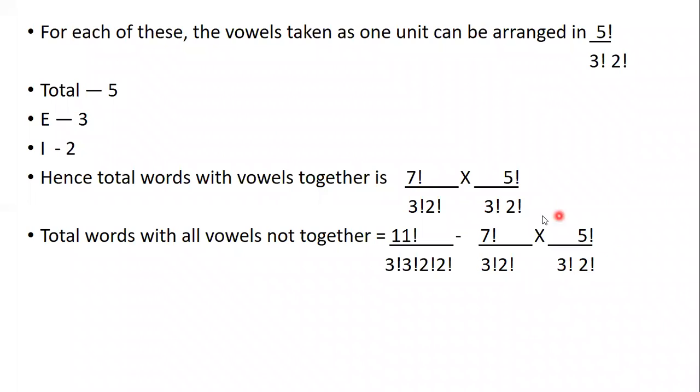This complete expression talks about vowels being together, when you had vowels as one unit and the other 6 consonants, and then the 5 vowels rearranged between themselves. If you solve this, you will get one answer. You can solve this and let me know the answer.